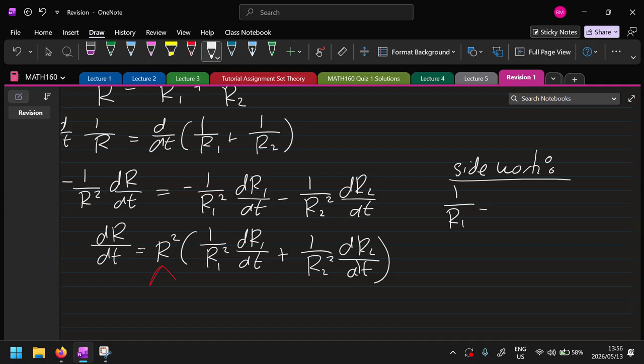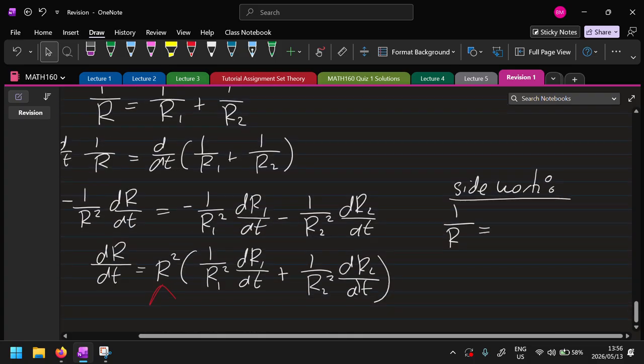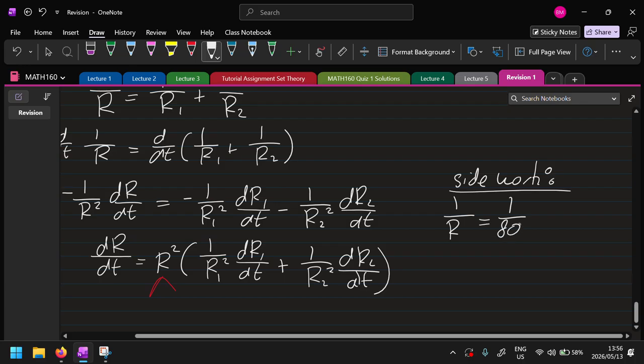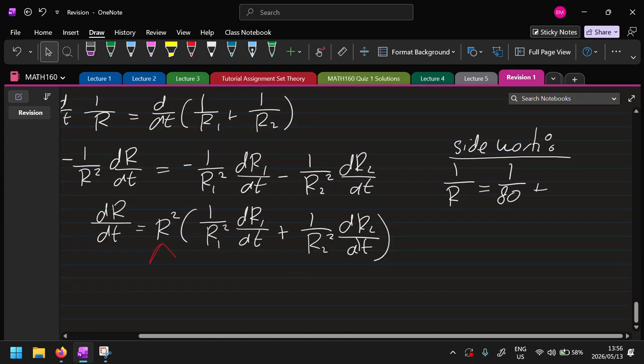Sorry, 1 over r. So this is going to be 1 over r1, which we know is 80, and 1 over r2, which we know is 100.